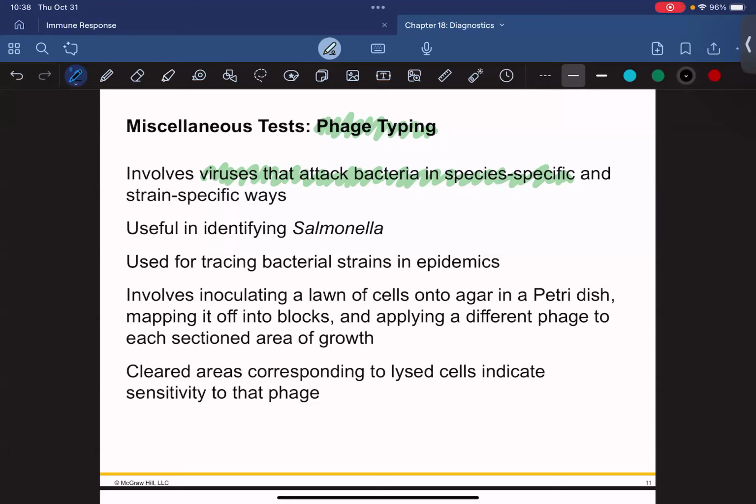Then you put tiny dots of bacteriophage in your quadrants. You come back the next day and see where your bacteria grew on your lawn, and wherever there is a clearing area, just like with our Kirby-Bauer discs. Instead of antibiotics killing your bacteria, we're using bacteriophages to kill your bacteria. So you'll have a clearing area where you don't have living bacteria anymore because the viruses will burst those bacteria open.